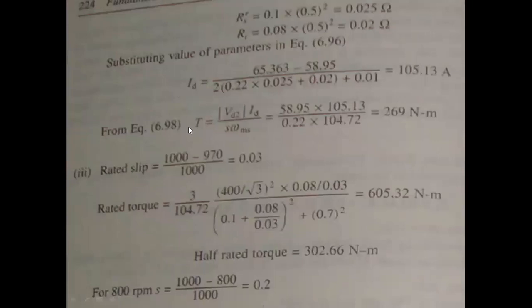After that you will know the torque. Torque formula is VD2 into ID by S into omega ms. So we have to find out S, omega ms, the current ID, and VD2.